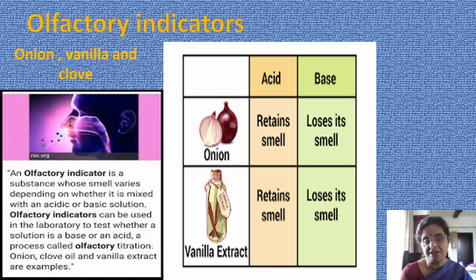So the experiment is like this. Take some chopped onions in a plastic cover along with some clean cloth strips and put it in the fridge overnight. Take it out next day and check the odor of the cloth strips. You know, onion has got one characteristic smell. So now the strips will be smelling of onion.